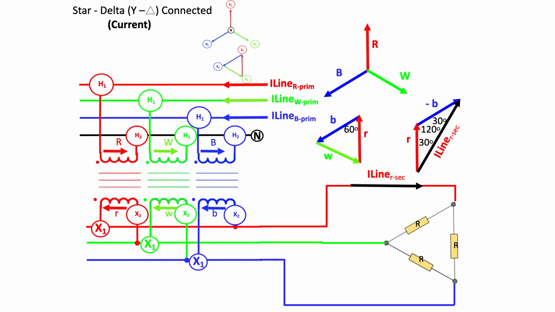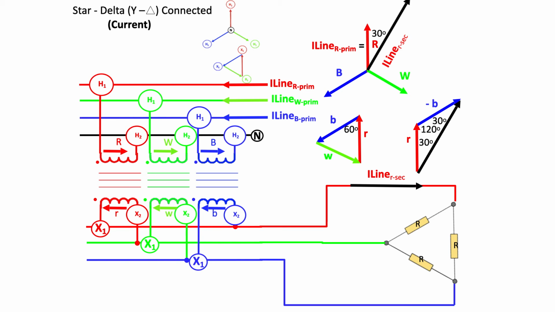If we move I line R secondary up to compare it to the primary side of the transformer, we know that the red phase primary current flowing in the primary side of the transformer is equal to the line current coming in.